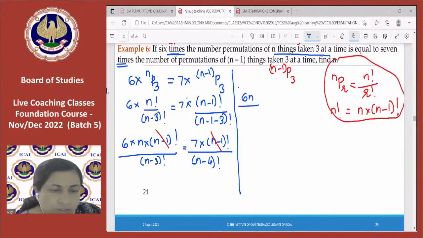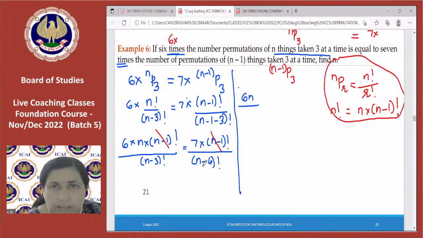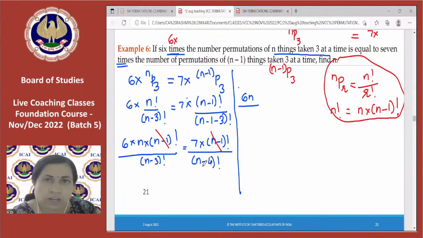Now let us concentrate on the denominator: n minus 3 and n minus 4. Which is the bigger number? n minus 3 is bigger than n minus 4, because we are subtracting.